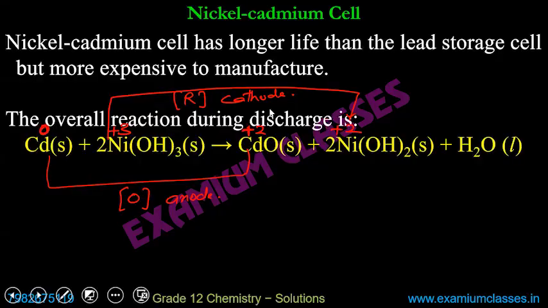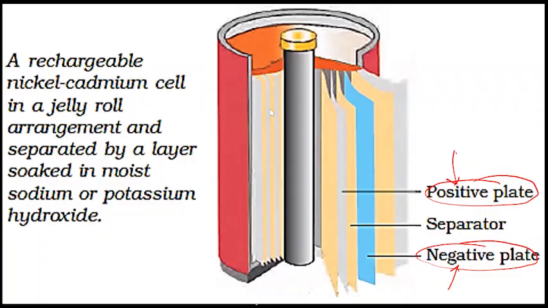If you see here, cadmium is getting oxidized, meaning it is anode. Nickel is cathode. Cadmium will be at anode. Negative plate is anode. Positive plate is cathode. Nickel will be there.